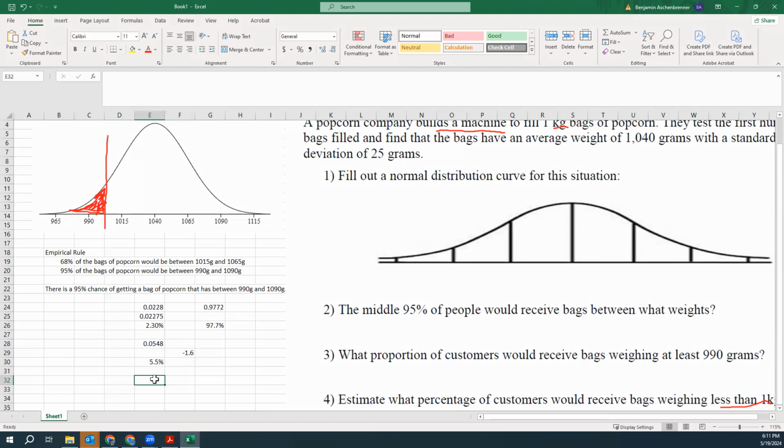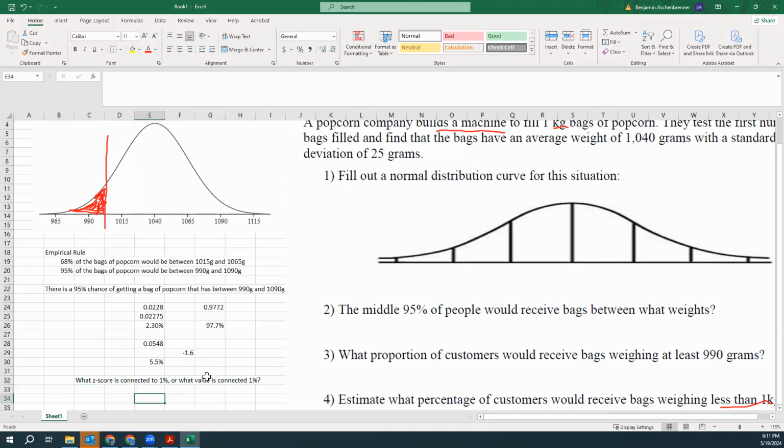I probably need to reorient this so the average goes higher and the standard deviation is lower. But if I wanted to know what z-score or what value is connected to 1%, that's a harder question.